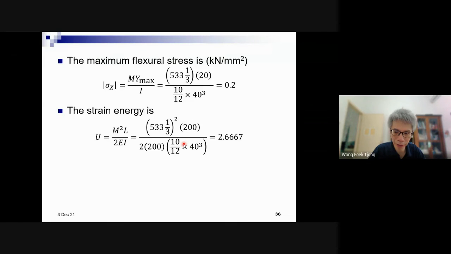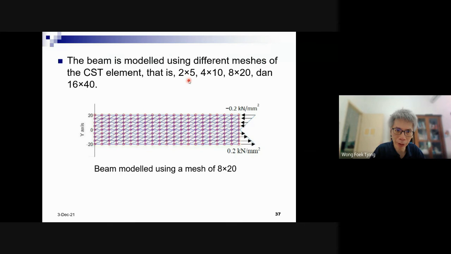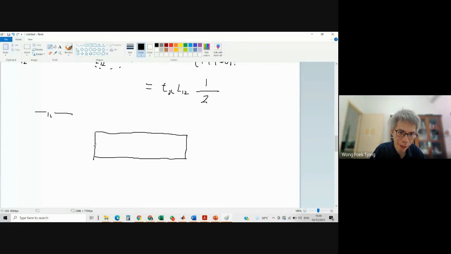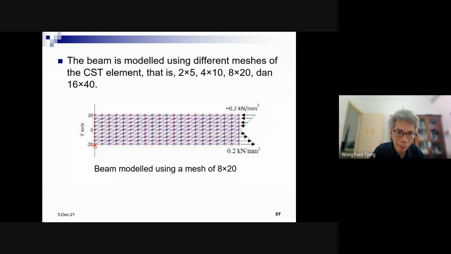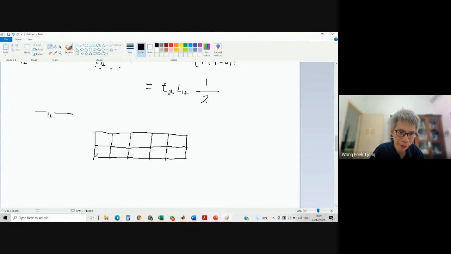Here I use, for example, 2 by 5. What I mean by 2 by 5 is 2 in the vertical direction and 5 in the horizontal direction, like this, okay? Maybe like this. And then the element orientation like this, okay?